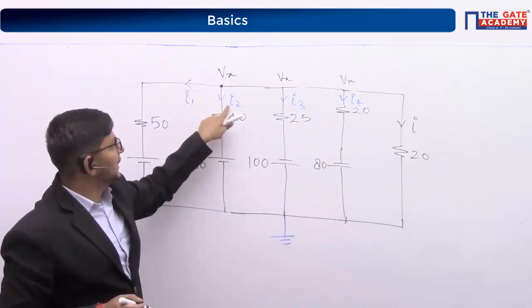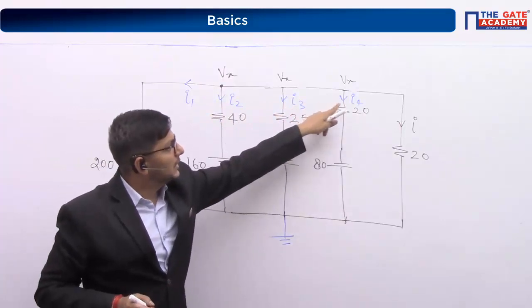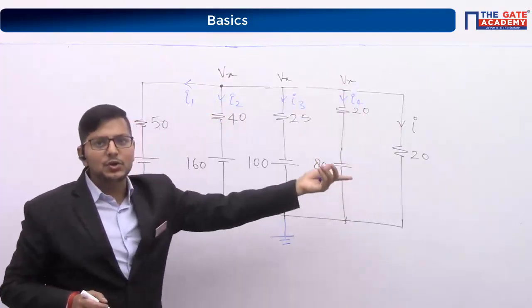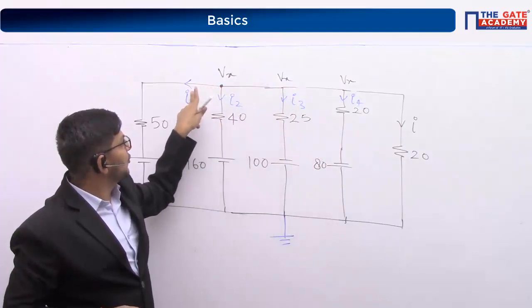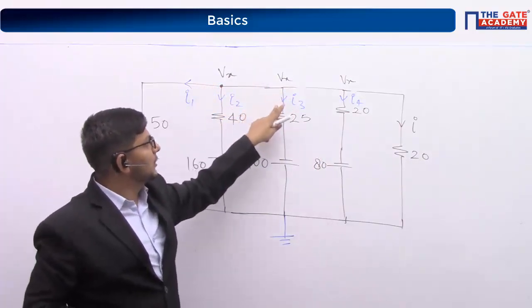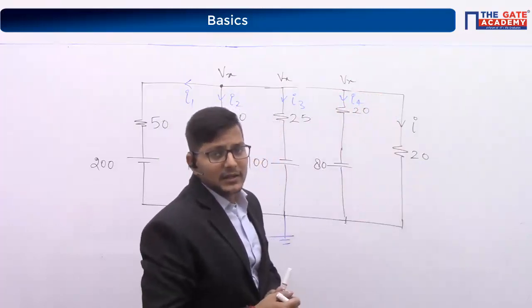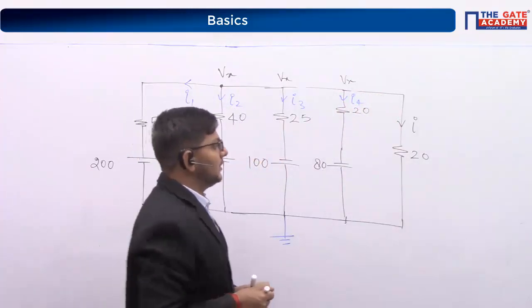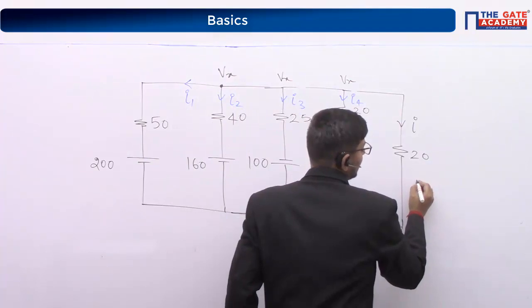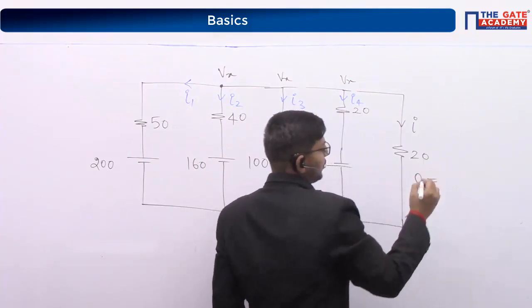This is I1, I2, I3, I4, and I, all currents are outgoing from the node. So what is the incoming current? There is no incoming current. It means incoming current equals 0, which equals the outgoing current.